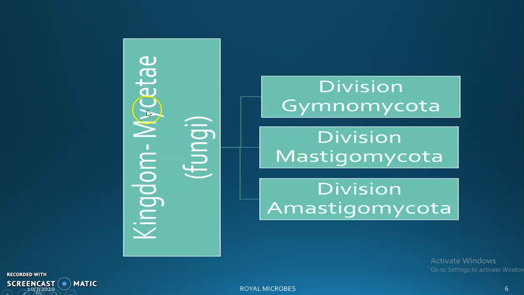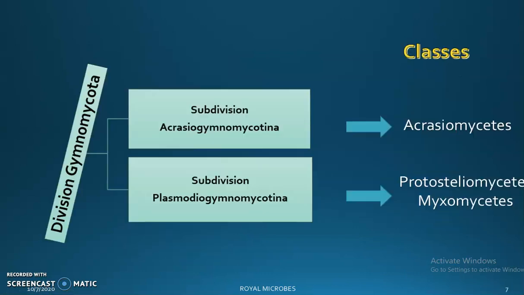Coming to the details, we can see again kingdom Mycetae. It is divided into division Gymnomycota, division Mastigomycota and division Amastigomycota. So we can see three divisions under kingdom Fungi. Coming to Gymnomycota, here we can see two subdivisions, Acrasiogymnomycotina and Plasmodiogymnomycotina.